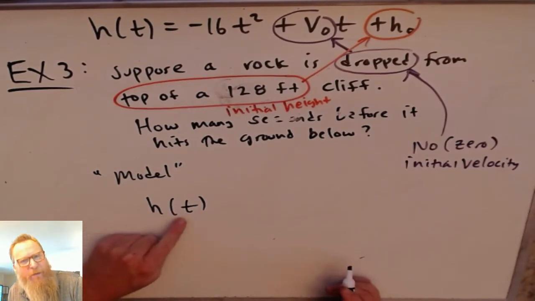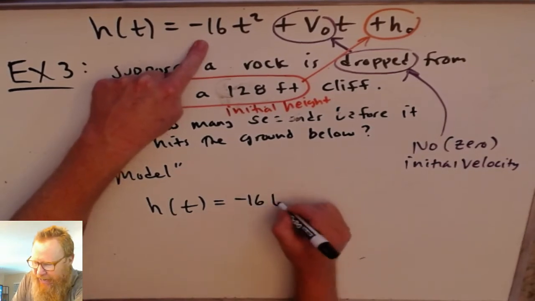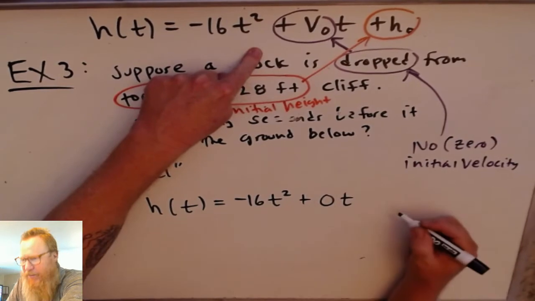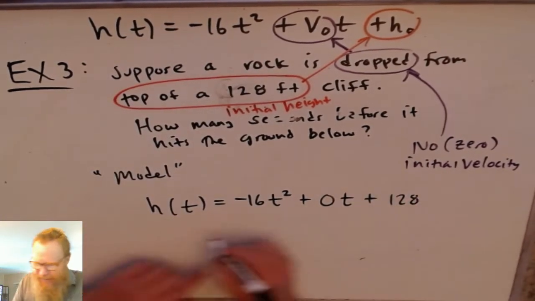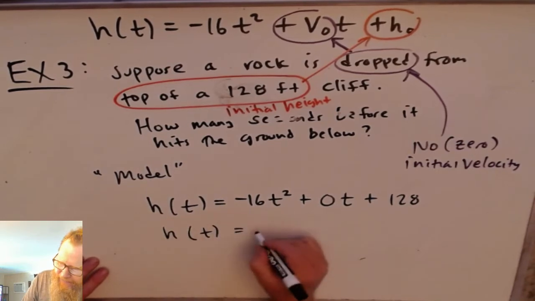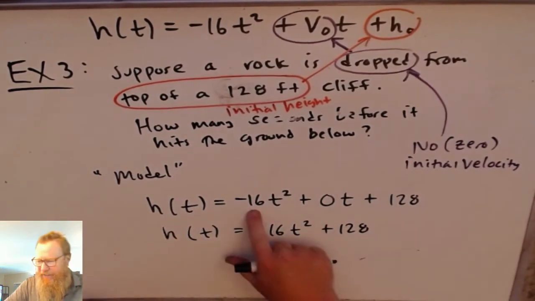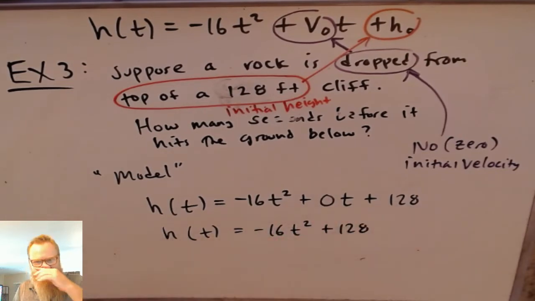I'll give you the gravity for free, negative 16t squared, plus 0t, plus 128, and you can simplify this to just be negative 16t squared plus 128. The middle term is 0.